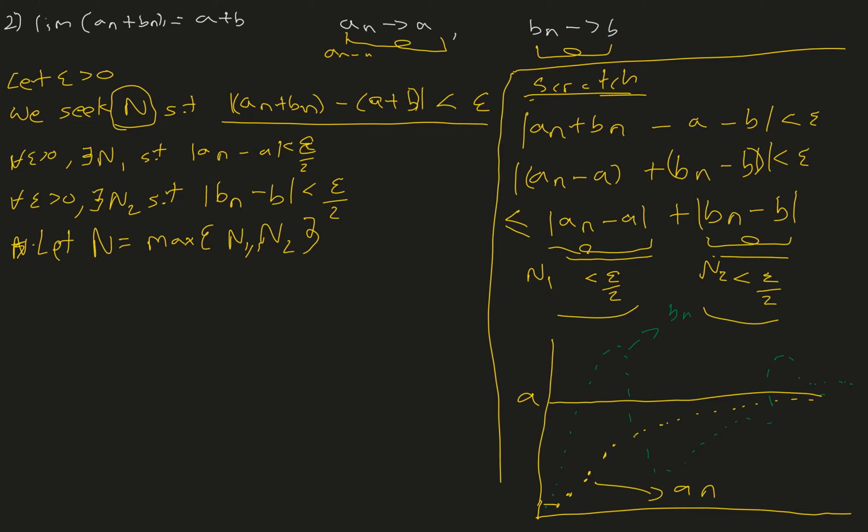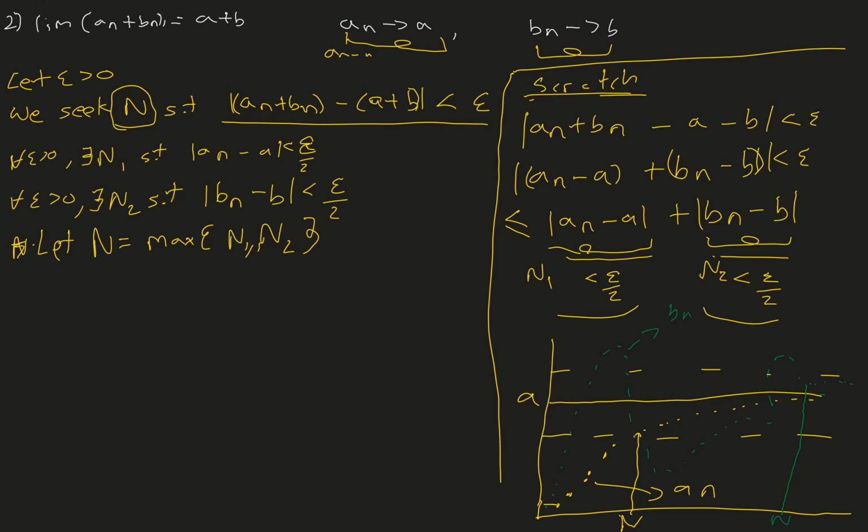So let's see why we choose the maximum. For the yellow sequence, this is the tube right here. The yellow sequence enters the tube starting right here, so its n is smaller, while the green sequence enters the tube only after some time.